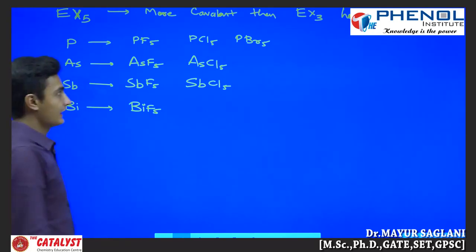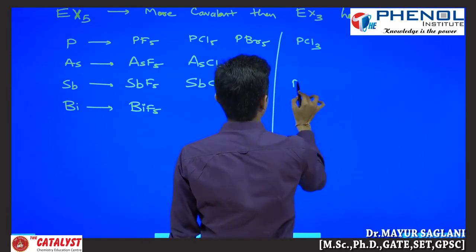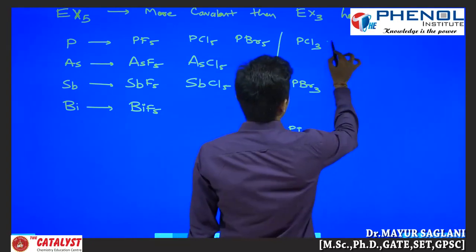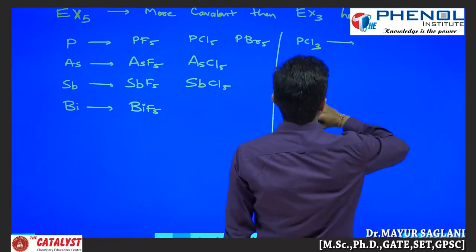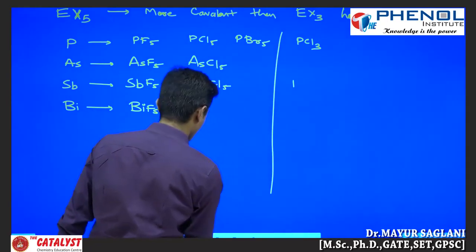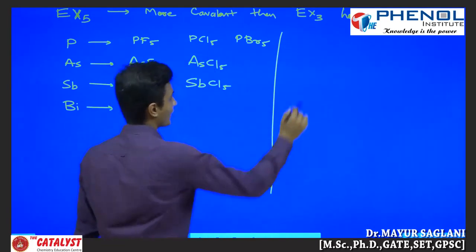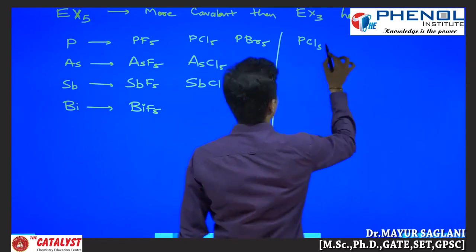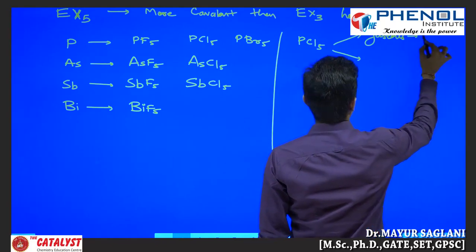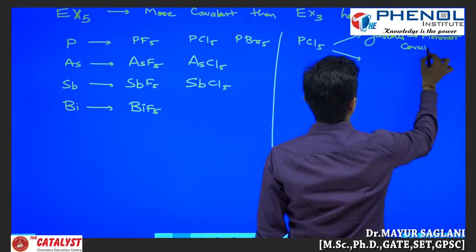One more thing. Sorry, I am talking about pentahalides, so instead of PCl3, I should write PCl5. If you consider PCl5 in the gaseous form, then it is a monomer and a covalent compound.